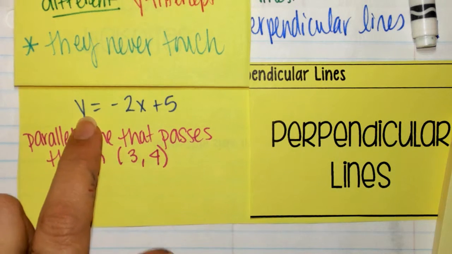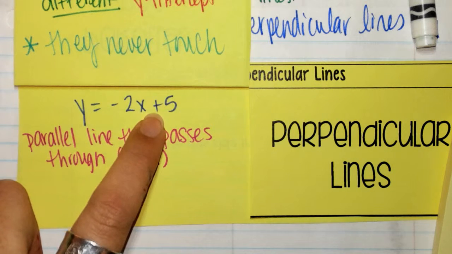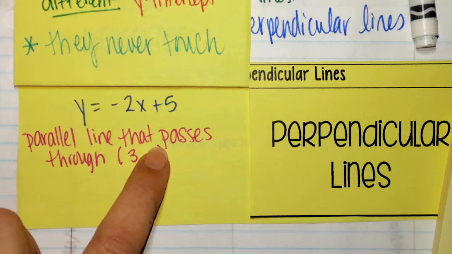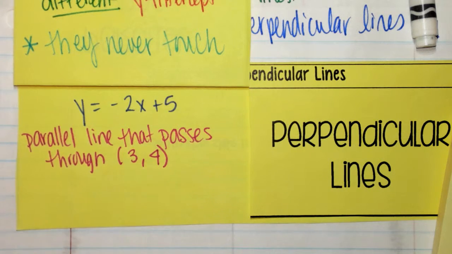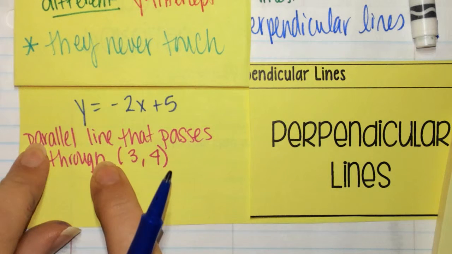So our first equation is y equals negative 2x plus 5. And I want the parallel line that passes through 3, 4. Now, we know that parallel lines have the same what? Slope. So what is the slope of our parallel line going to be?